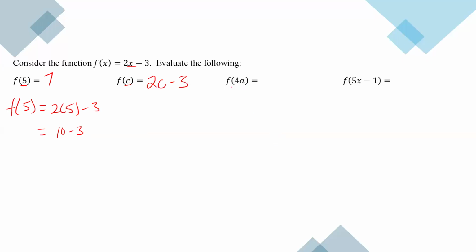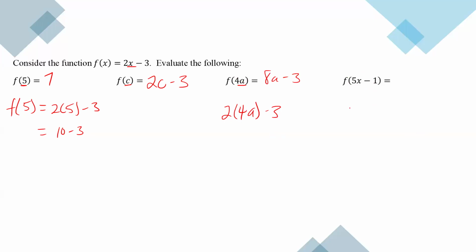On f of 4a, it's not just a variable, but a number and a variable, and they're both replacing the x. So we have 2 times 4a minus 3, which leaves us with 8a minus 3. Last, we have 2 terms now replacing x.